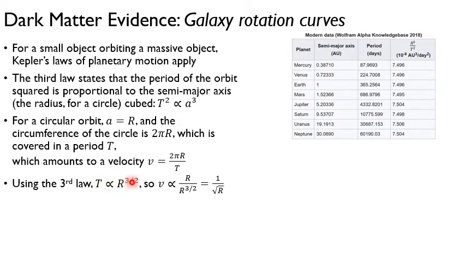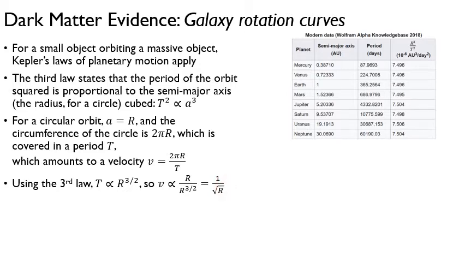We plug this into our equation in place of the period, and we won't worry about the constants, we'll just use a proportionality symbol. The velocity is then proportional to radius over radius to the 3/2. This is a power of +1, this is -3/2, we take the difference and we get -1/2. So the velocity should go as 1 over the square root of the radius.